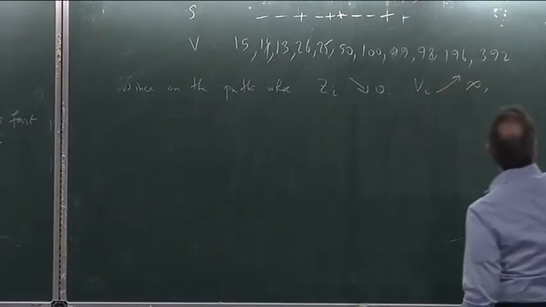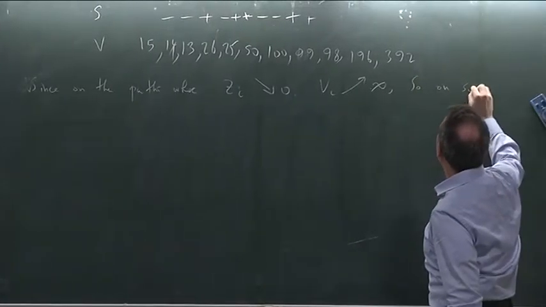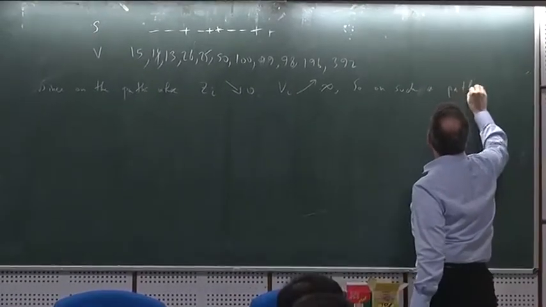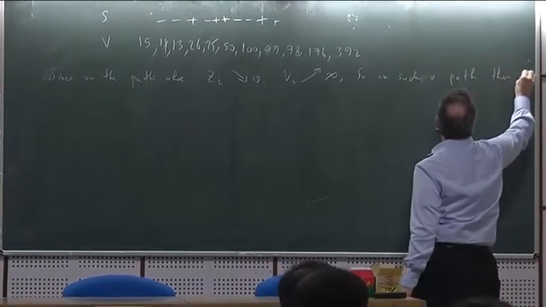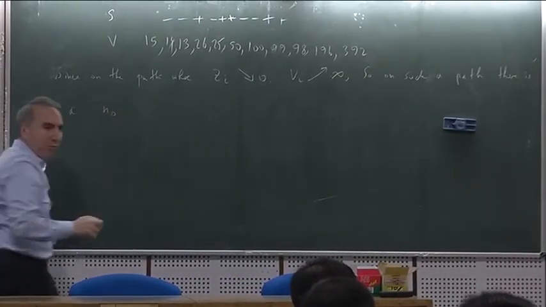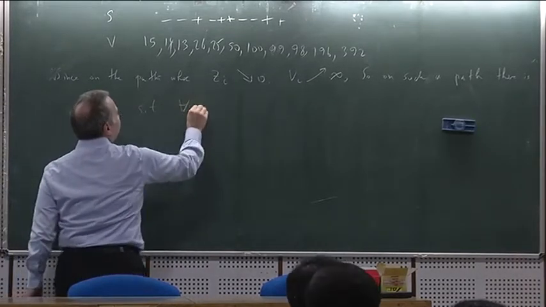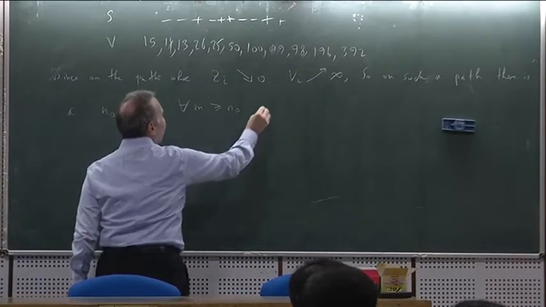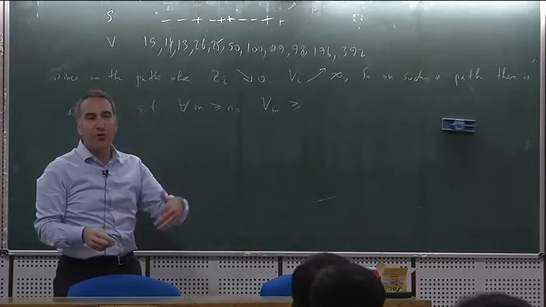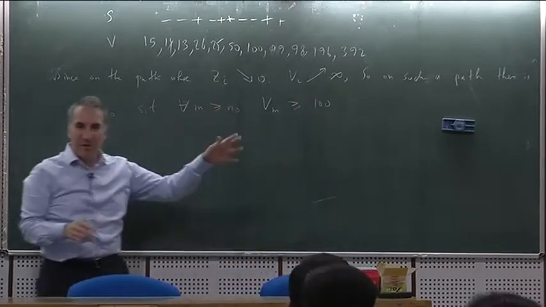So on such a path, there exists, let's say, an n0, an n-time index, such that for all m bigger than this n0, let's say Vm is going to be bigger than, let's say, 100. Okay, it's a number that I just picked.